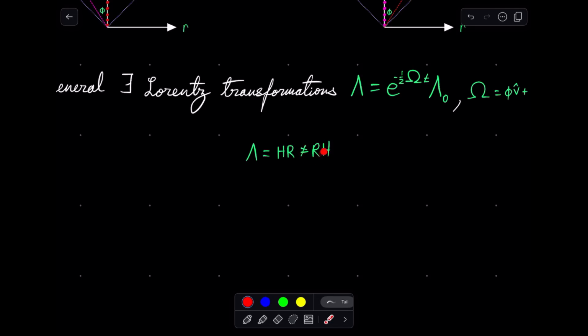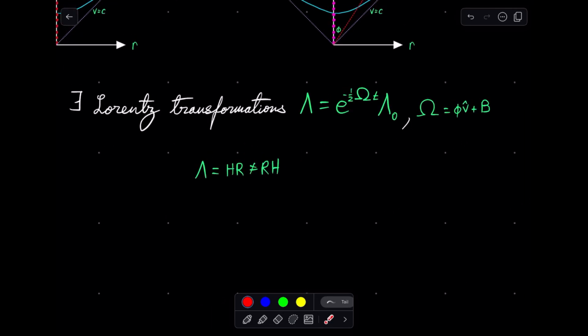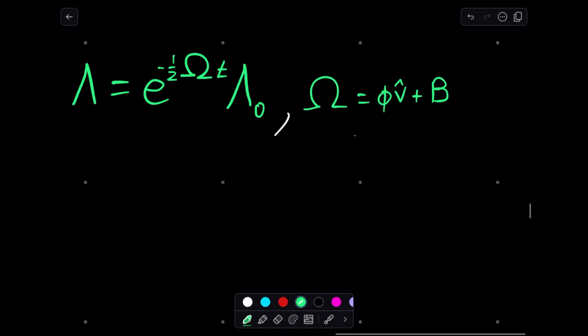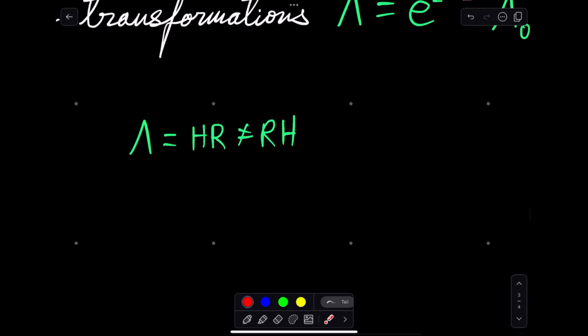And so because of that, it matters the order in which this is taken care of. And so that means that this omega is not equal to b plus phi v hat. So in general, the addition here does not commute because the multiplication here doesn't commute.